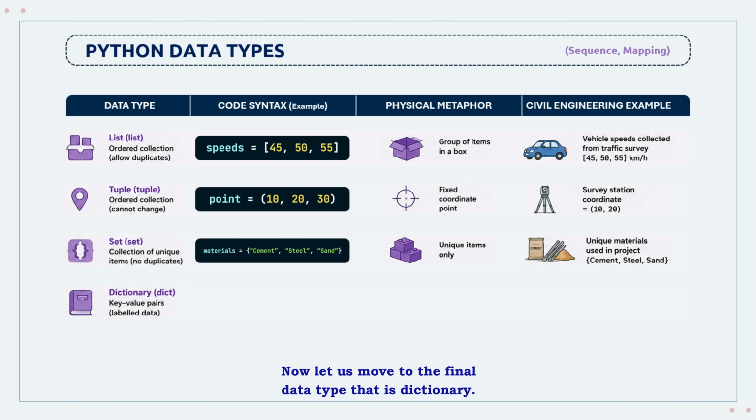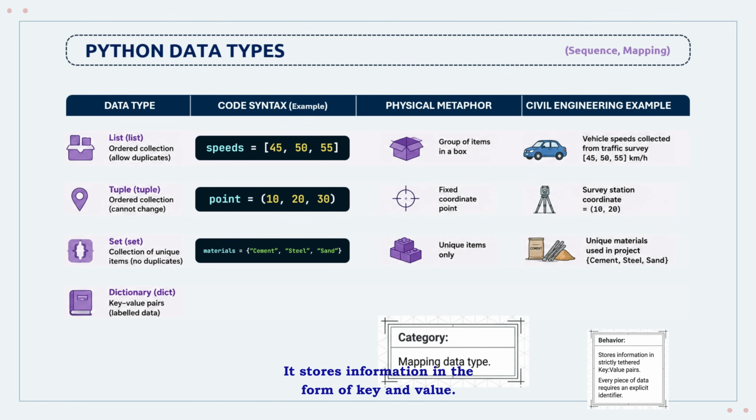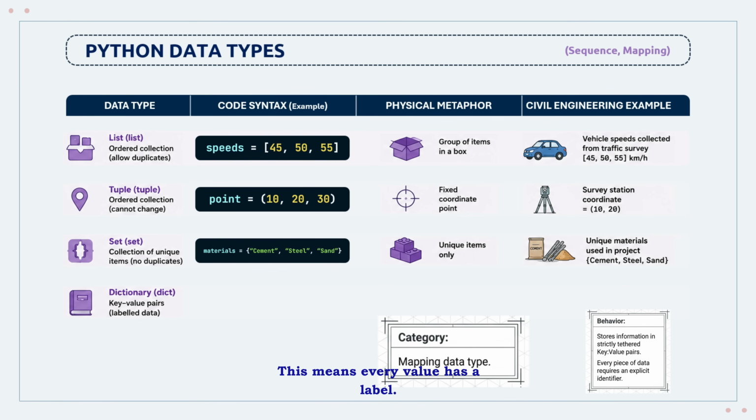Now let us move to the final data type, that is dictionary. Dictionary is a mapping data type. It stores information in the form of key and value. This means every value has a label.